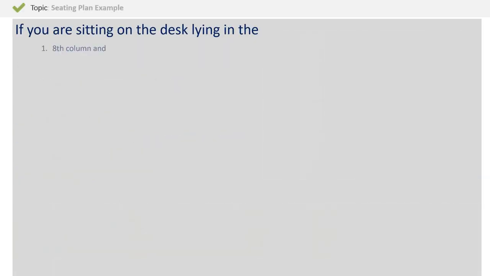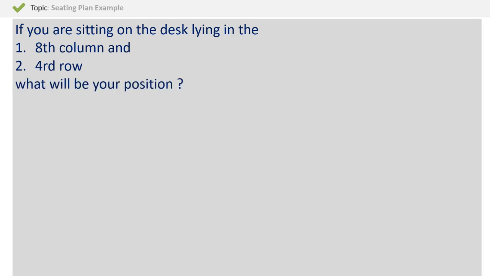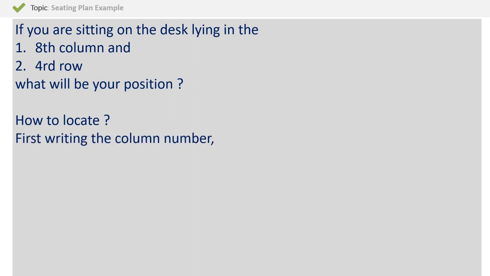Now let's take another example. If you are sitting on a desk which is lying in the 8th column and 4th row, what will be your position? Assuming the way I ask you to locate is first write the column number and then write the row number. It's going to be 4, 8 or 8, 4.